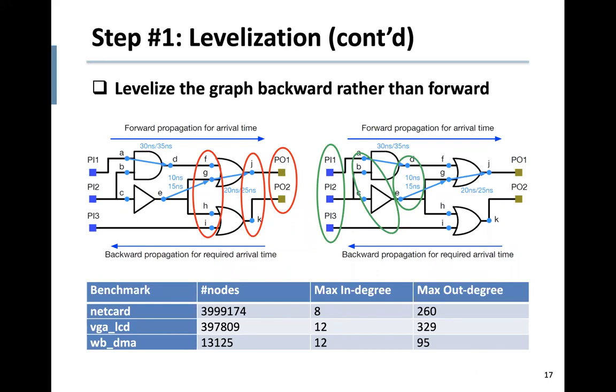For example, in this design the maximum output degree is 260, and it comes from a very large RC network, which means you may have 260 threads touching the same node at the same time. So we do this backward, and that's one of the motivations to avoid too many atomic operations. This simple strategy improves the performance by 15% based on our experiment.